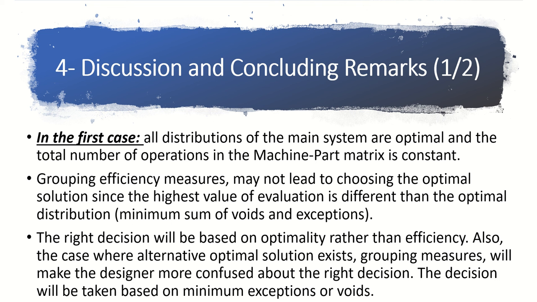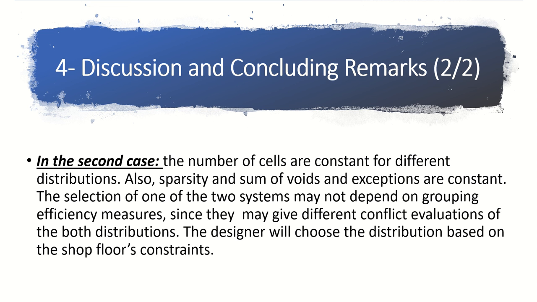The right decision will be based on optimality rather than efficiency. Also, in the case where alternative optimal solutions exist, grouping measures will make the designer more confused about the right decision. The decision will be taken based on minimum exceptions and voids.